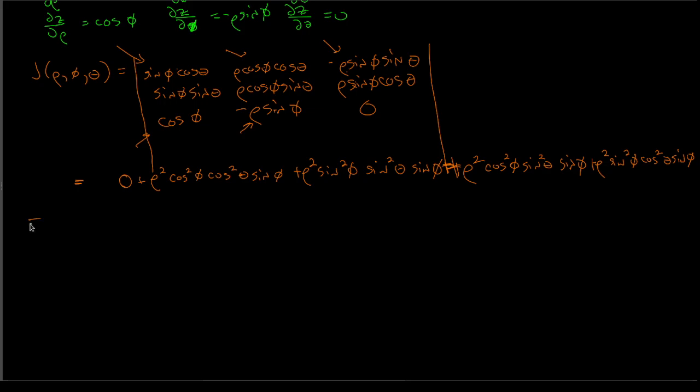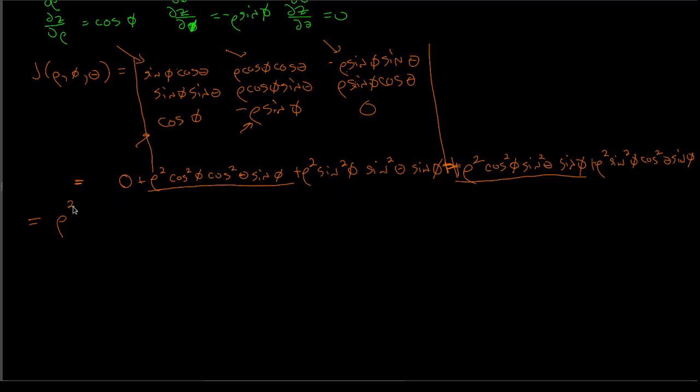So let's gather some elements together. I'm going to look at this term, and I'm going to blend it with this term here. So I'll bring these two terms together.